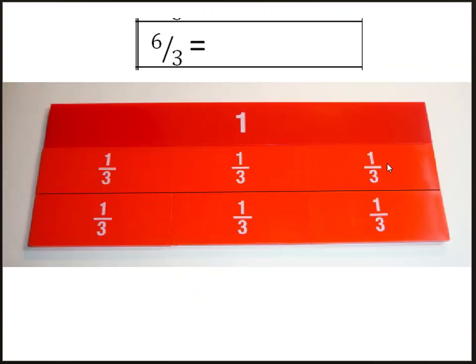Next, 6 thirds. Now remember, I told you that this line means divided by. What did I say that was? Divided by. So this is 6 divided by 3. Well, 6 divided by 3 equals 2, doesn't it? Let's look at this a little more. Here's 1/3, 2/3, 3/3.